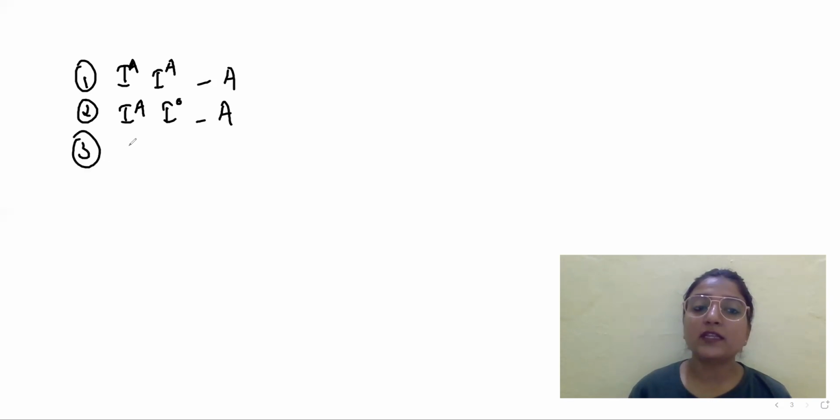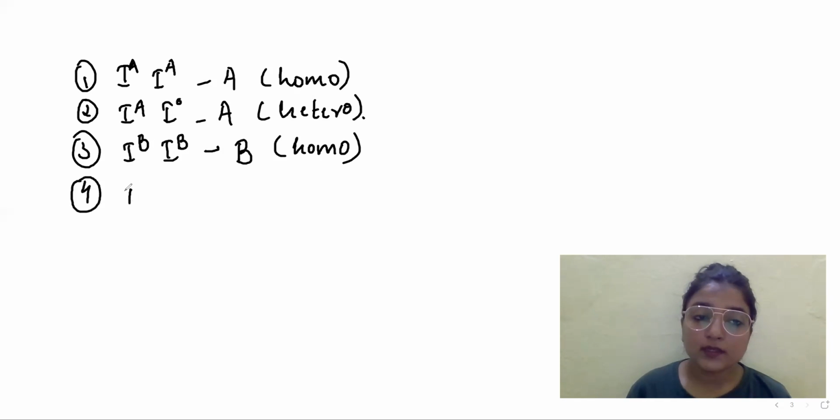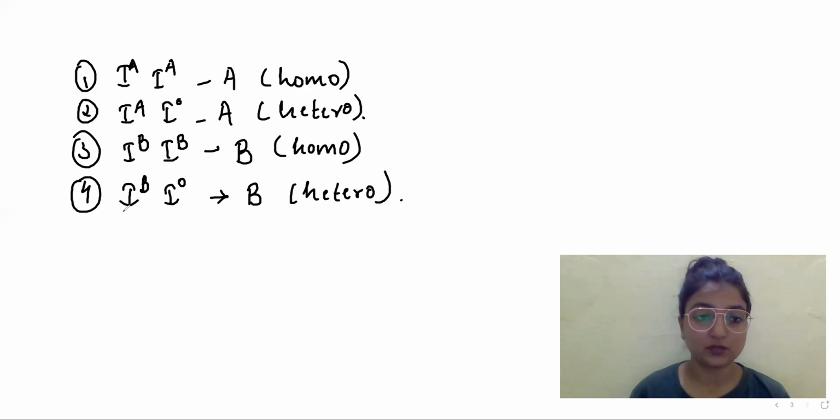Now the third possibility is IB IB, which gives the blood group as B, and it is again homozygous in nature. This was also homozygous. This is heterozygous, A. And now the fourth possibility can be IBIO, which also gives the B blood group, but it is heterozygous, because one is IB, the second one is IO, one dominant and one recessive, right?